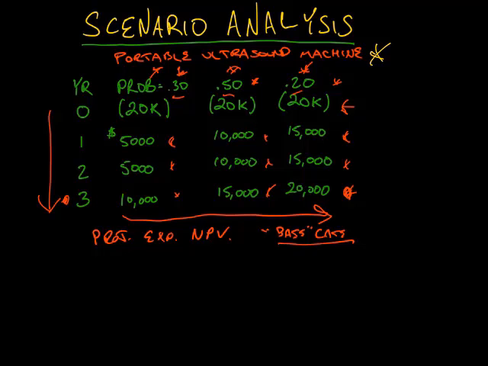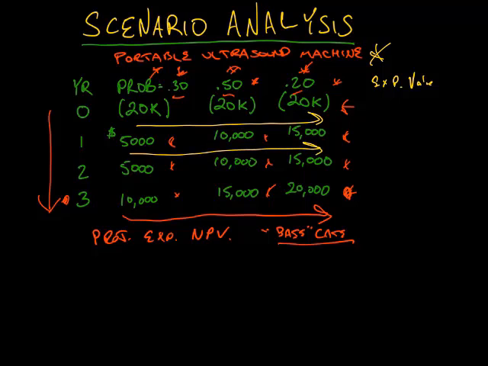We're going to make a new column, which I think is probably the best way to approach that, and I'll just call it expected value. For each one of these years, we're going to go across and find that expected value.